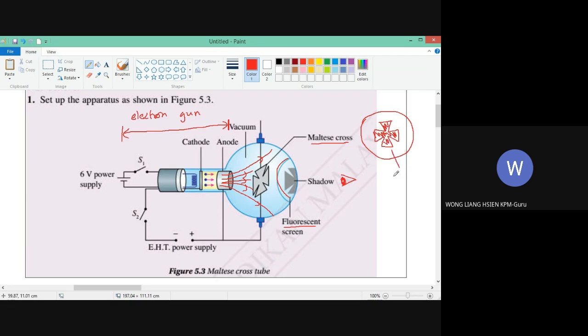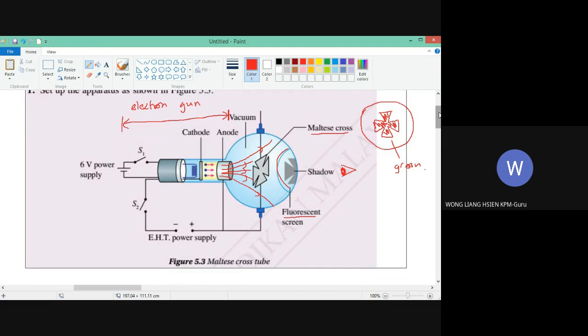At the side it is all green, because the side got hit by the electrons. But the shadow of the Maltese cross is blocked by the Maltese cross, so there's no green light. Get the idea? Now we want to study the effect of magnetic field.